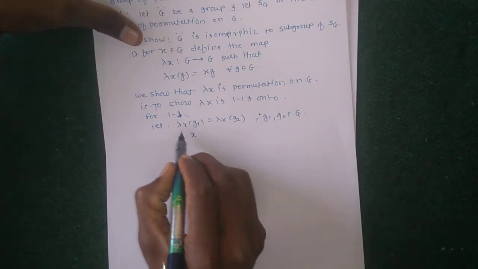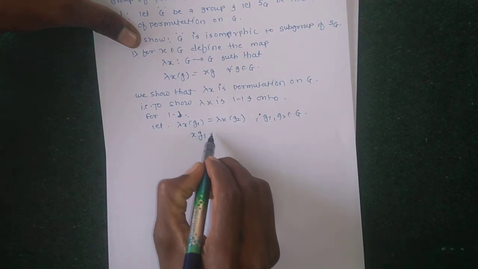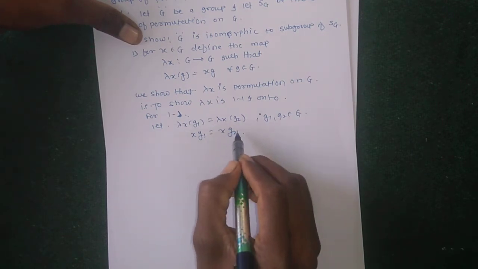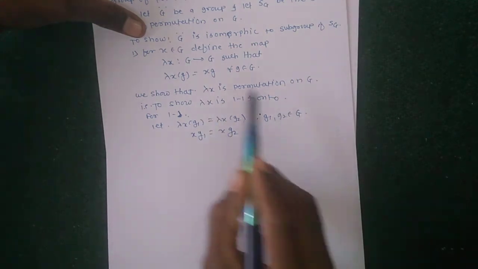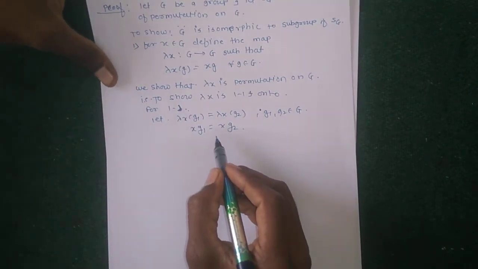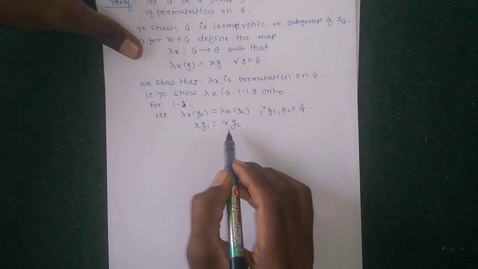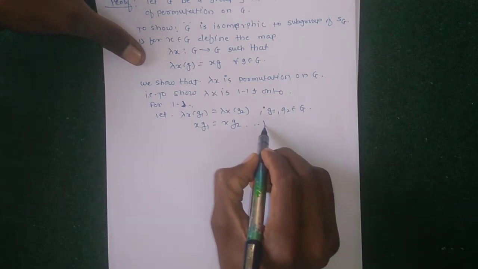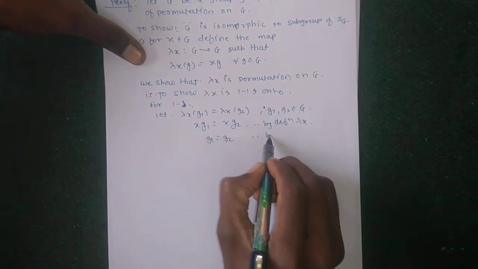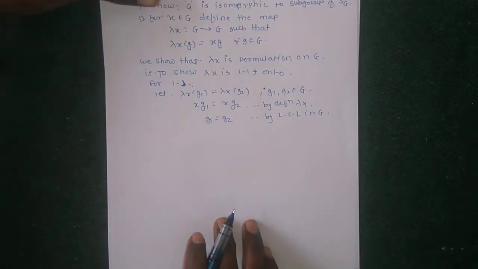By the definition of the mapping, lambda_x(g1) = x g1 = x g2, where x, g1 and g2 are elements of G. Since G is a group, the left cancellation law holds in G. So x gets cancelled, and we get g1 = g2.